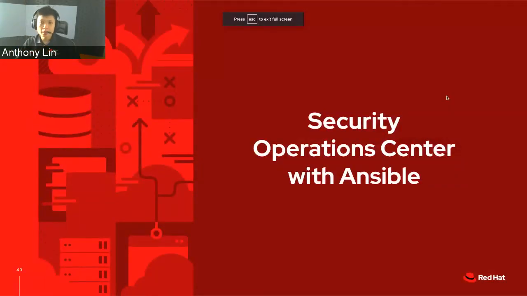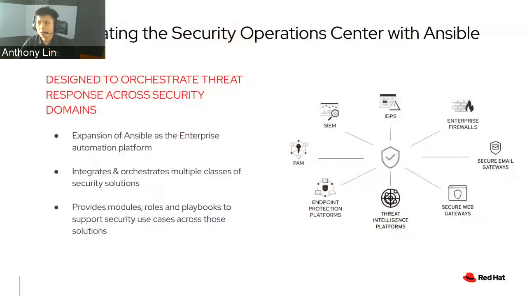If you look at the last piece, it really is around the security operations center with Ansible. I'm not too sure whether you are aware, but Ansible has also branched into the security automation space. In this space, we are looking at integration with things like SIEMs, such as IBM QRadar and Splunk.